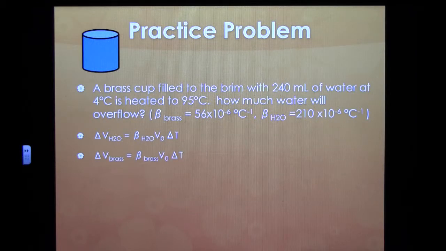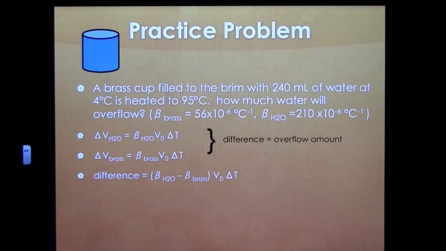And we can determine how much the brass cup expands as well. The delta V of brass is equal to beta of brass times the initial volume of brass times the change in temperature of the brass. The difference of these two amounts will give us the overflow amount.